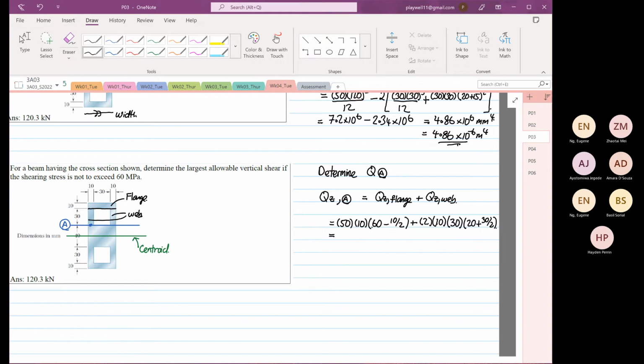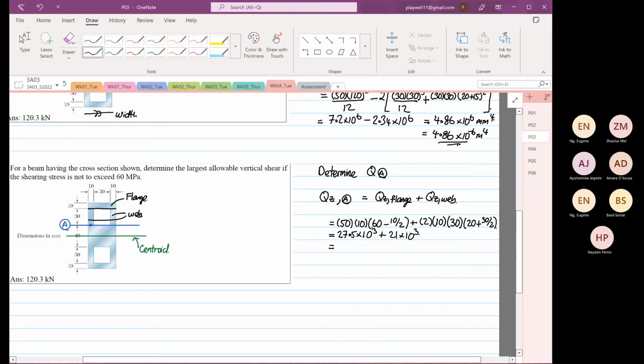So this will be equal to (60 minus 5) times 10 times 50, which is 27.5 times 10 to the power 3, plus (20 plus 15) times 30 times 10 times 2, which is 21 times 10 to the power 3.